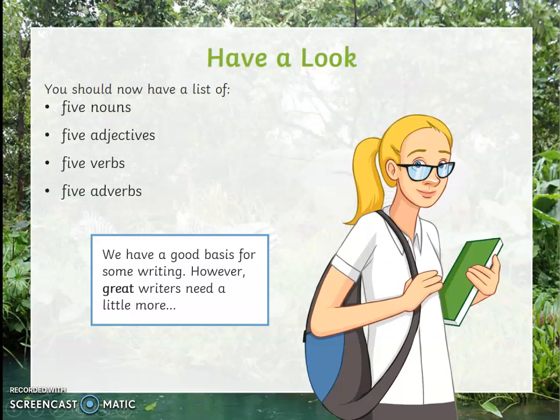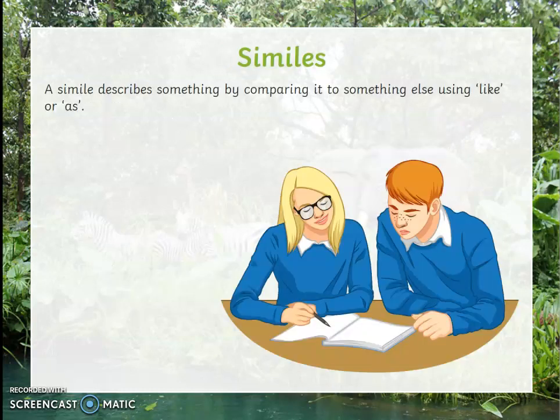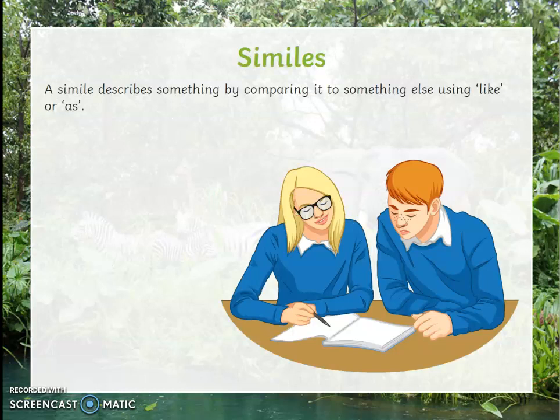However, great writers need a little bit more. So what do I mean when I say a little bit more? Devices. Very important, we also call this figurative language or figurative devices. Under this comes a simile. A simile describes something by comparing it to something else using like or as.